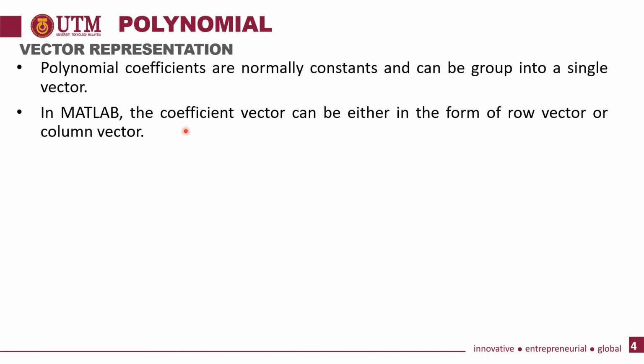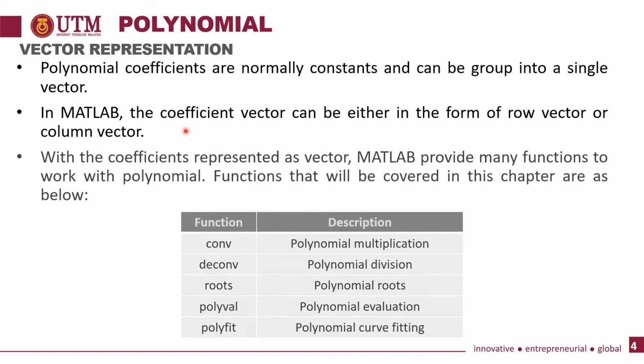Alright. So when you convert the polynomial terms into a vector representation, MATLAB provides many functions to work with polynomials. After you convert your polynomial expression into a vector, MATLAB can read it, operate on it, and apply functions to your polynomial expression.